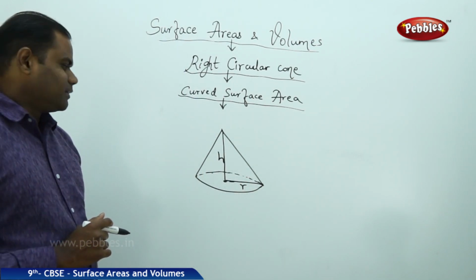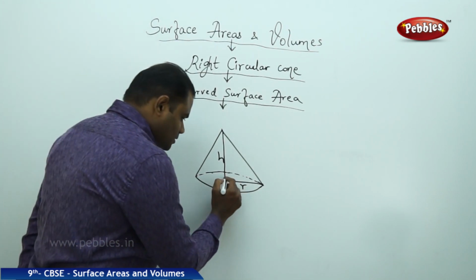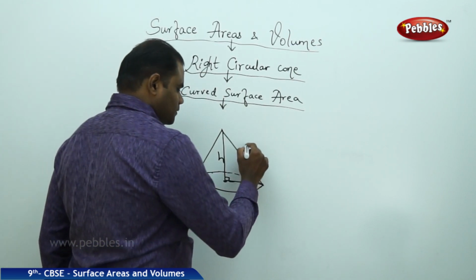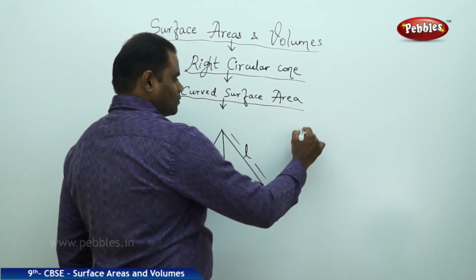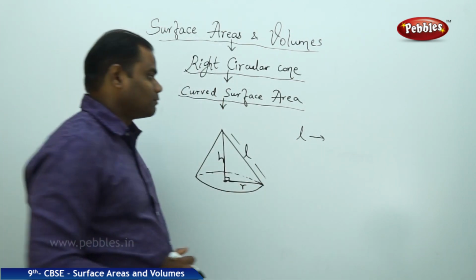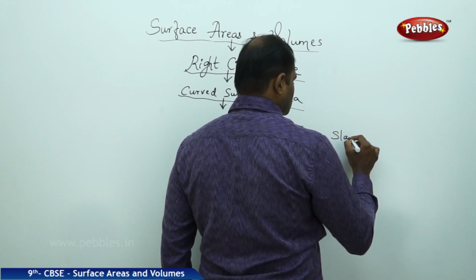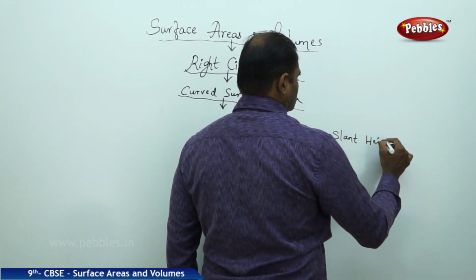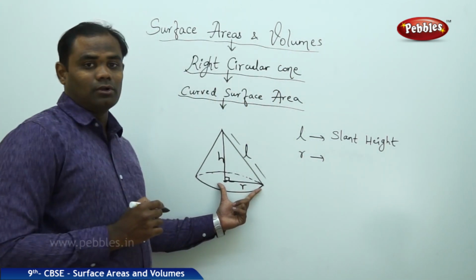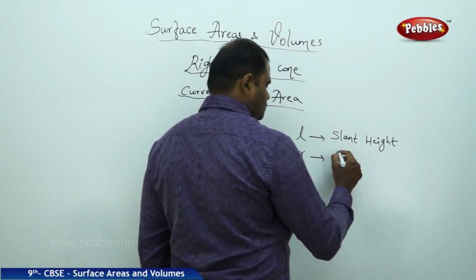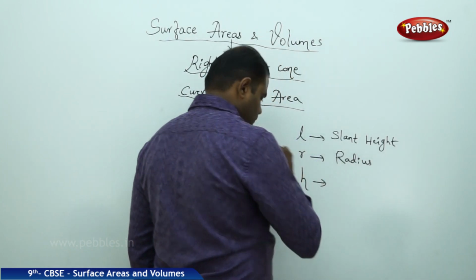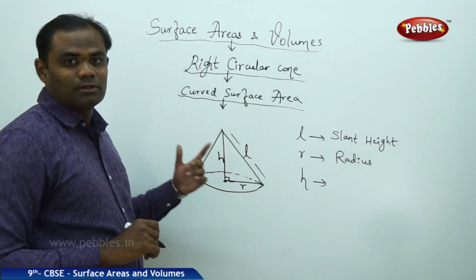Because it's a right circular cone, this is 90 degrees, and here I have the slant height L. So I have three different dimensions: L, which is called the slant height of the cone; R, which is called the radius of the cone; and H, which is called the height of the cone.